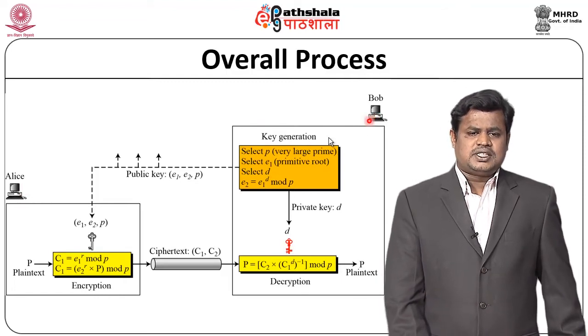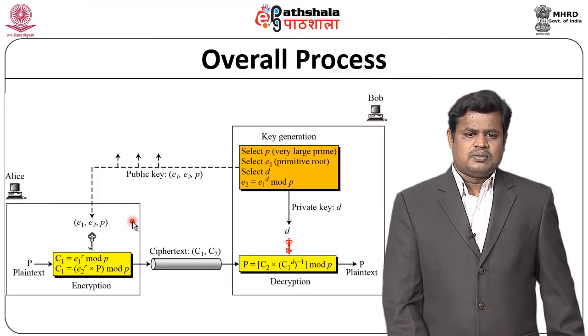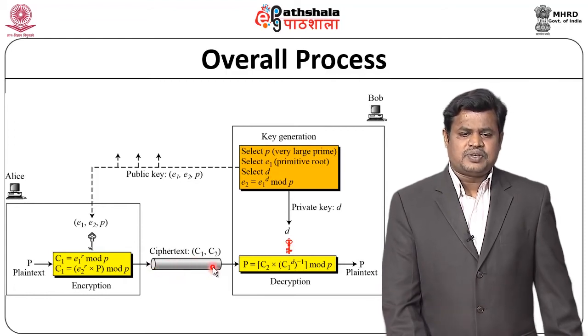So, using this Elgamal crypto system, how is the process going to work? We can see there is a channel between Alice and Bob, and this channel is tunneled, or covered, to protect the information from the attacker.